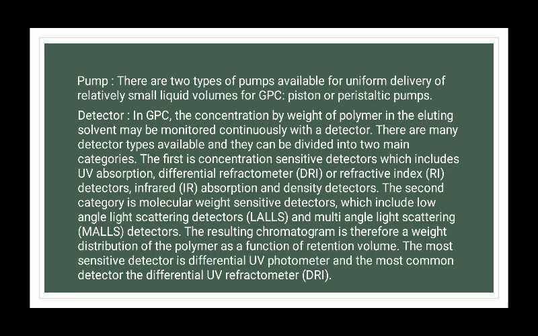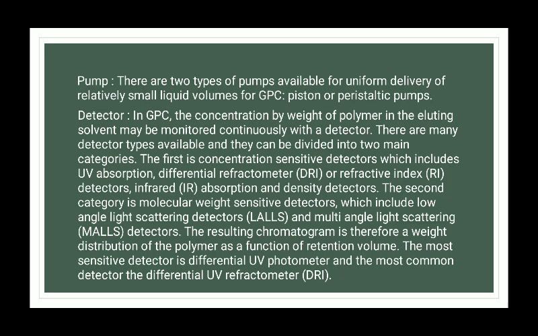There are many detector types available and they can be divided into two main categories. The first is concentration sensitive detectors, which include UV absorption, differential refractometer or refractive index detector, infrared absorption and density detector.